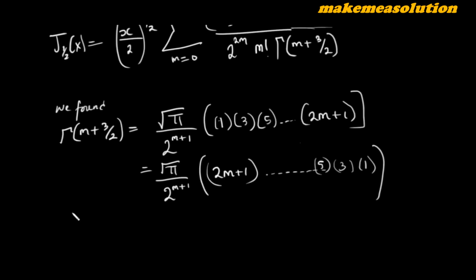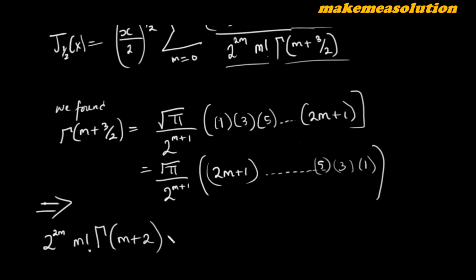Now we also want to consider how these two terms interact with this term over here. So you have 2 raised to the power of 2m, and you have m factorial multiplied by your gamma of m plus 3 over 2. This implies that we have 2 raised to the power of 2m, then m factorial.